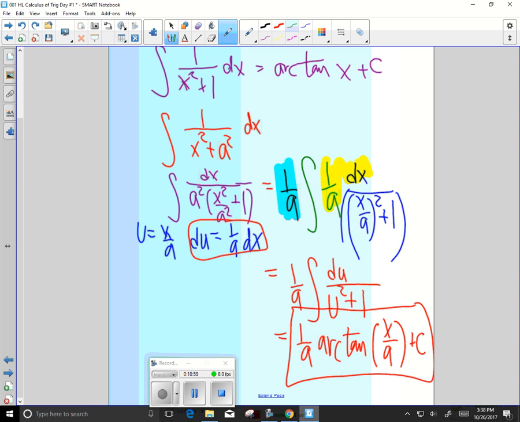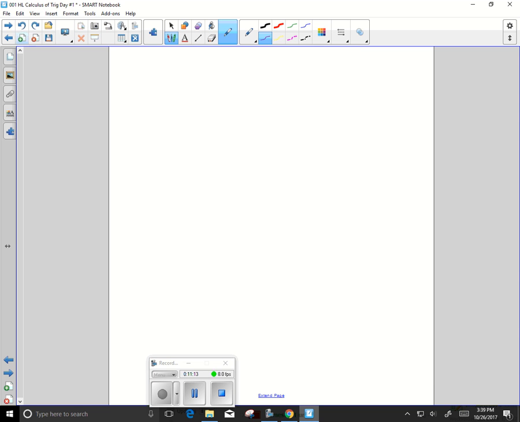Notice that there's an extra 1 over a for arctangent of x over a. So let me just show you one real quick. If you were to take the antiderivative of 9 over 5 plus x squared, that's a common one.